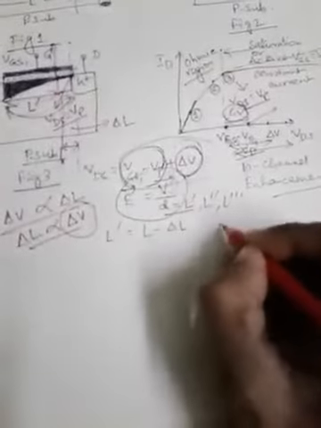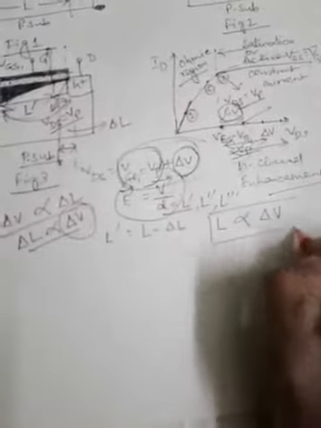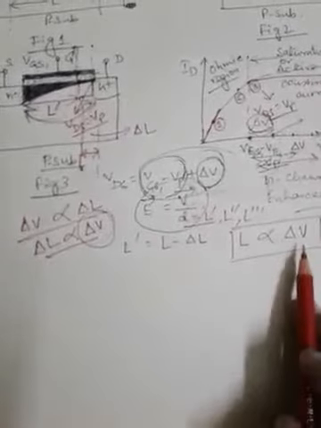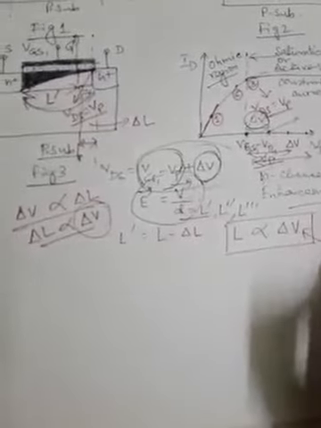So we can say here that this length of channel L is proportional to delta V. The variation of the length of the channel is dependent on the variation of delta V, and delta V is the variation of the drain to source voltage.